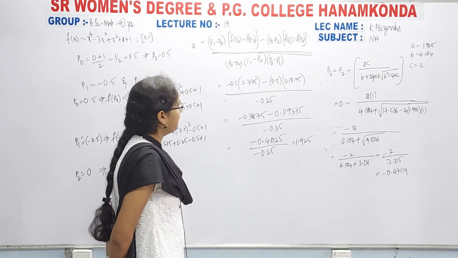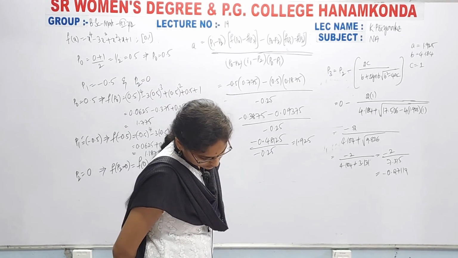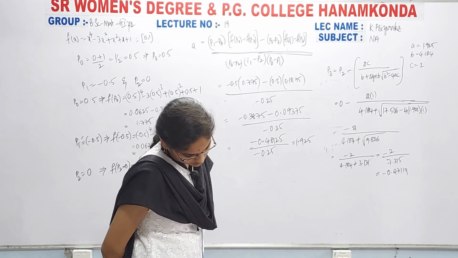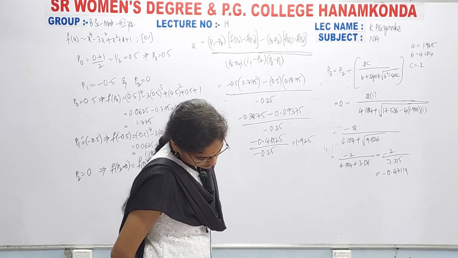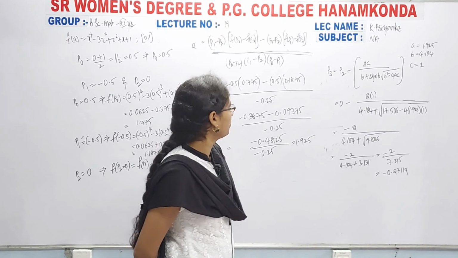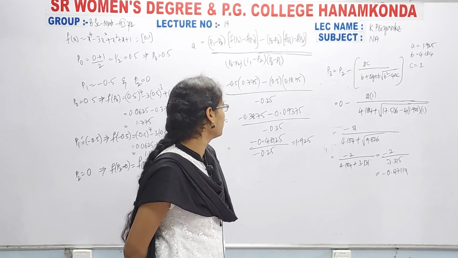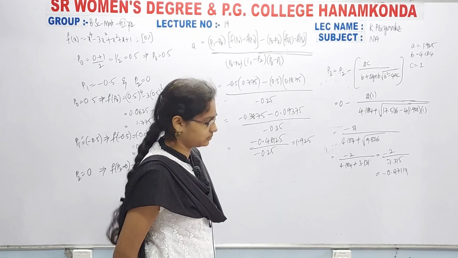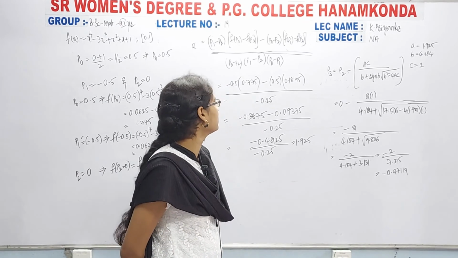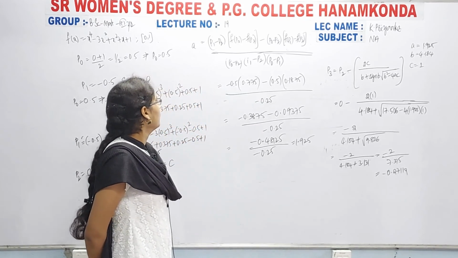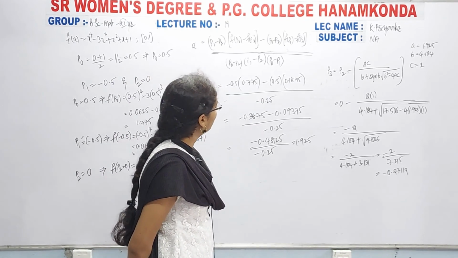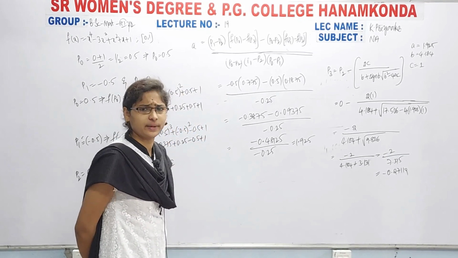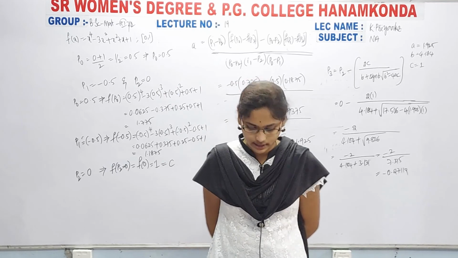So A and B. That's it. This is the value of P3, and next you have to calculate the next values.